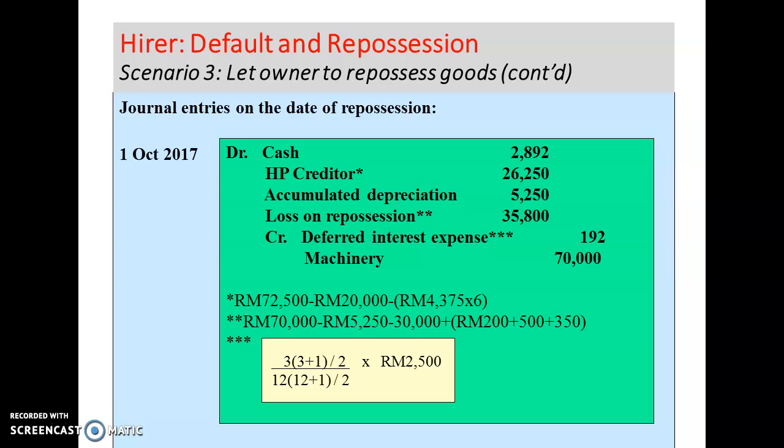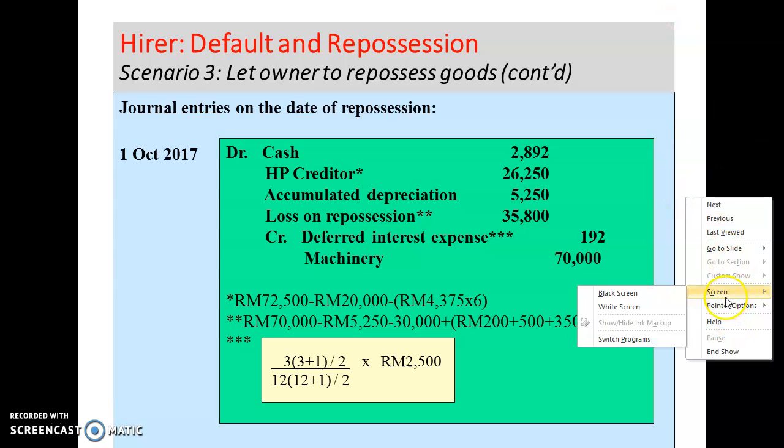So basically how much is that? 70,000 minus 5,250. So you will have a carrying amount.